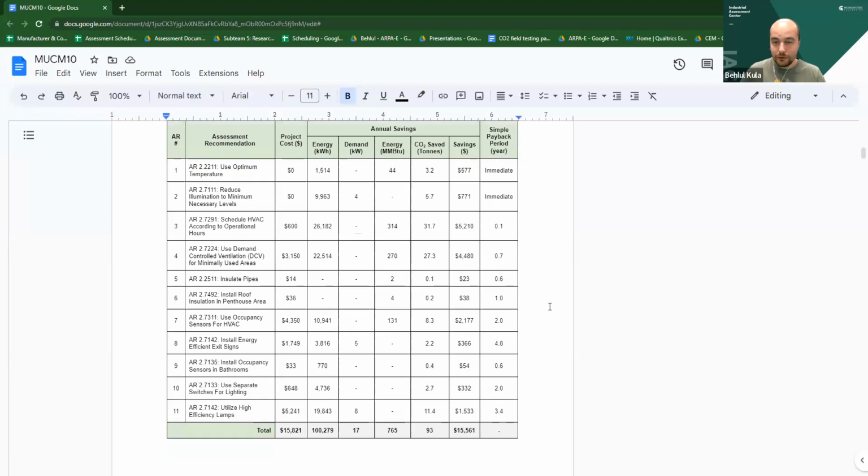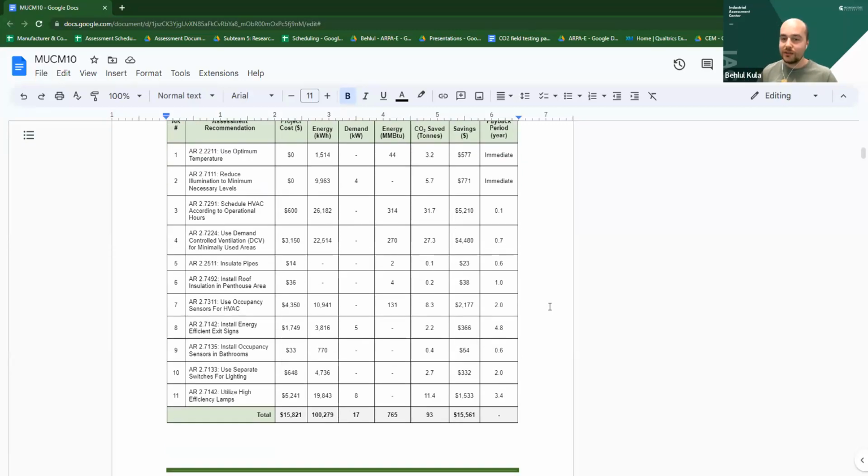It's a very good thing because most of the time when we go to an assessment, we see old HVAC systems. I'm focusing on the HVAC system because in the commercial building, it's the most energy consuming system here. And because you have that automation system, I think you have the opportunity to save money and energy.